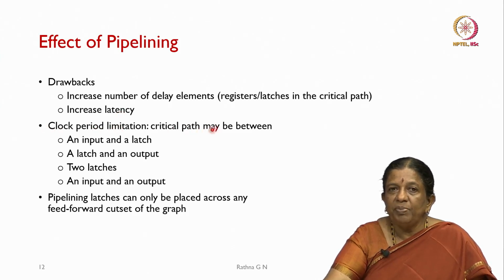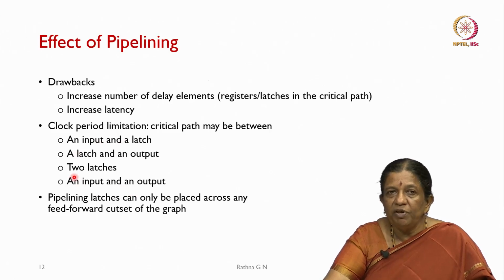The critical path may be between an input and a latch, or a latch and an output, or between two latches, or an input and an output. This we call the critical path.